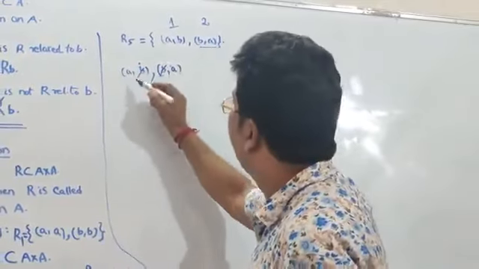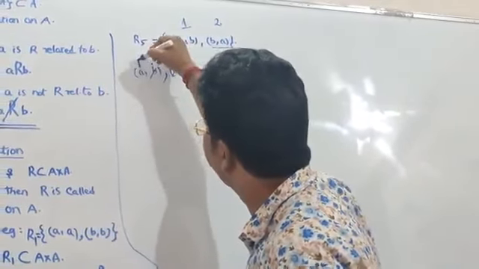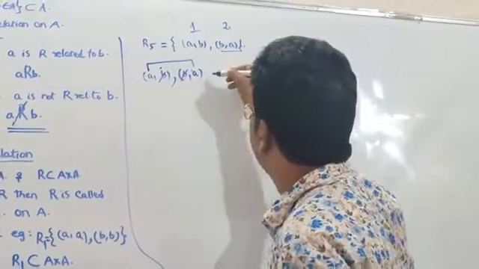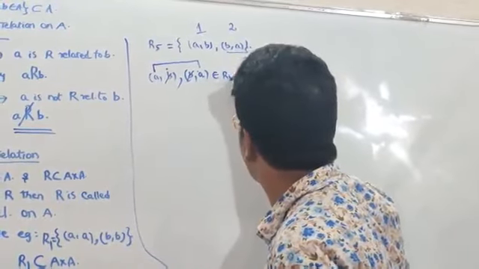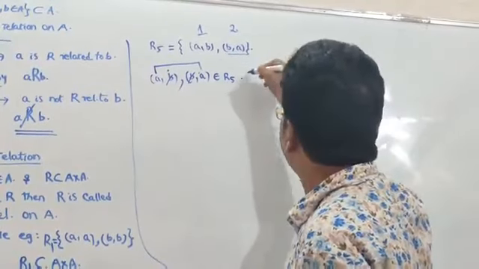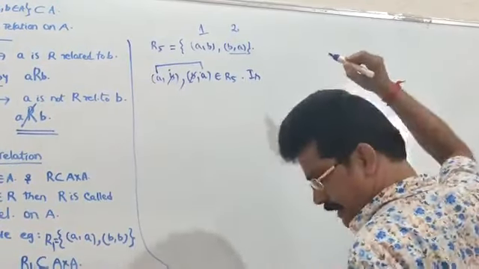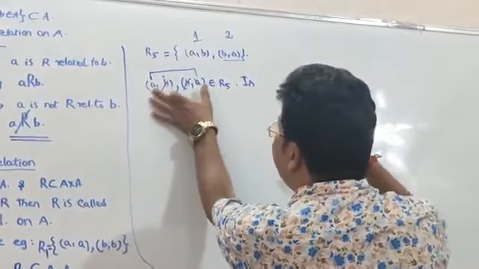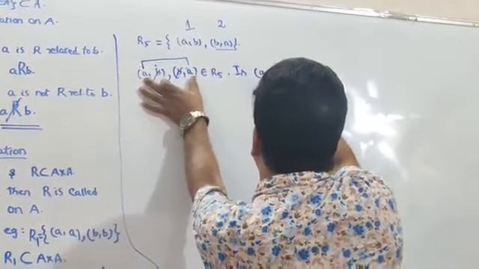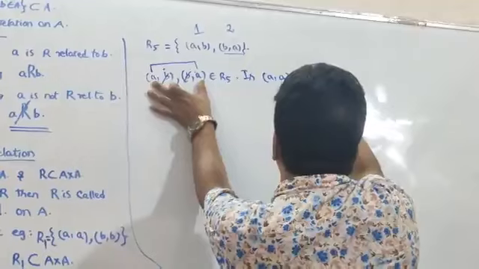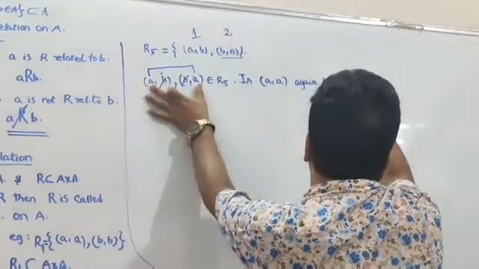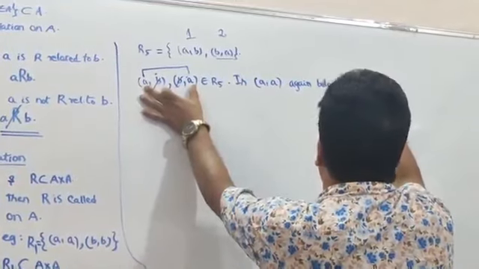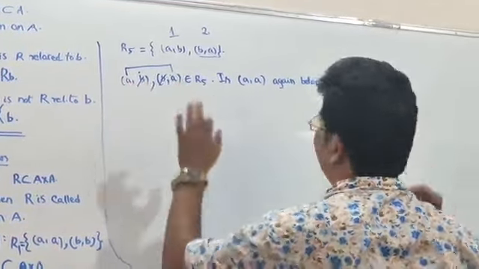Next, first element is A and A. So these two elements belong to R5. Now, this first element A, last element A comma A, does it again belong to R5? That is my question.